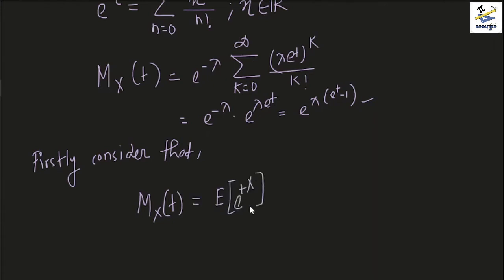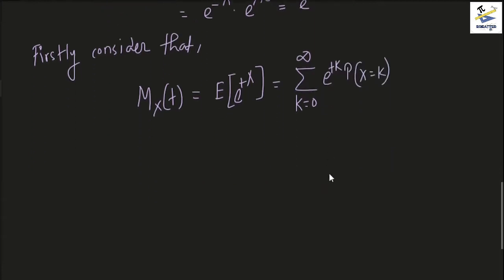Now expectation of e to the power tX in normal ways is basically equal to, let's say, the sum over k equals 0 to infinity of e to the power tk probability of X equals k, right?